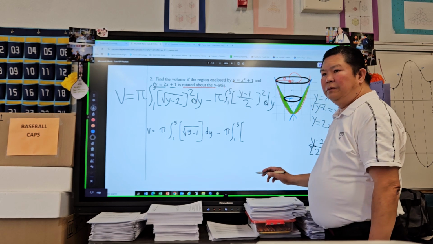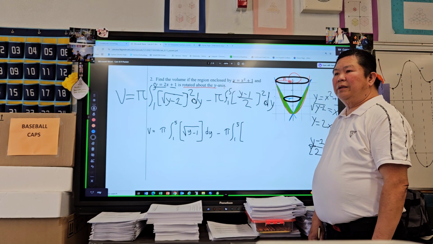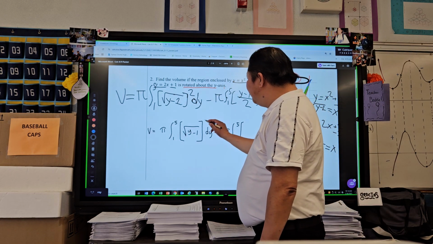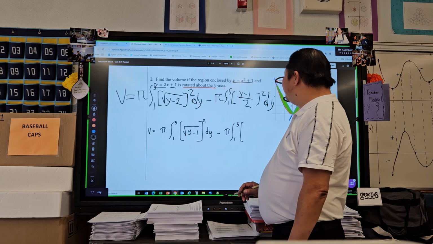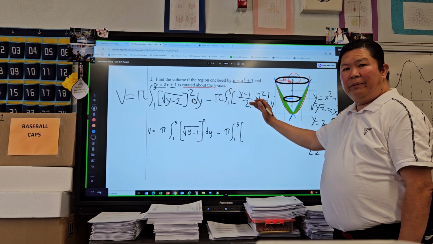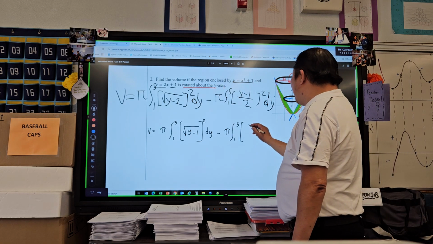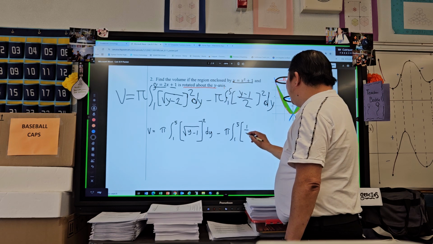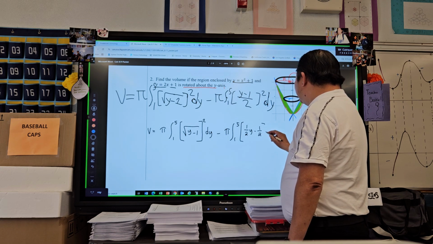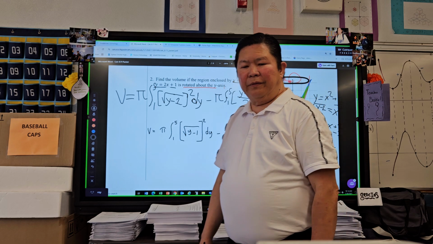You can also write this as a split, 1/2 y minus 1/2, squared, dy.